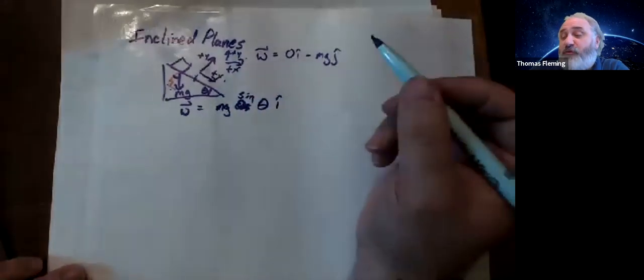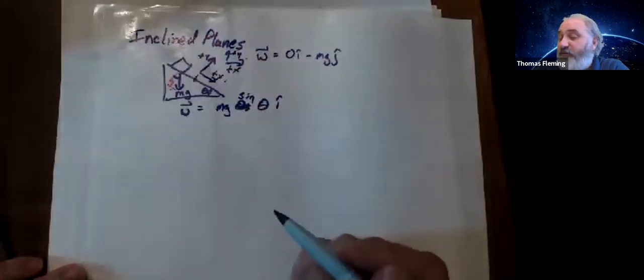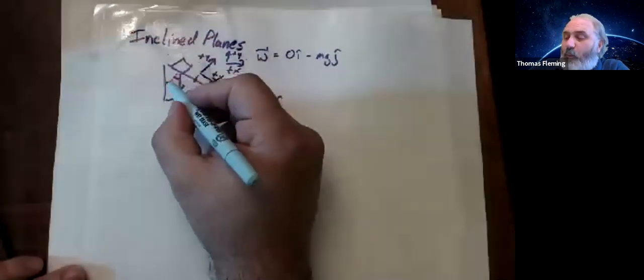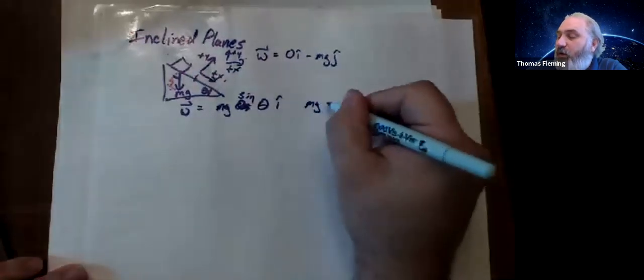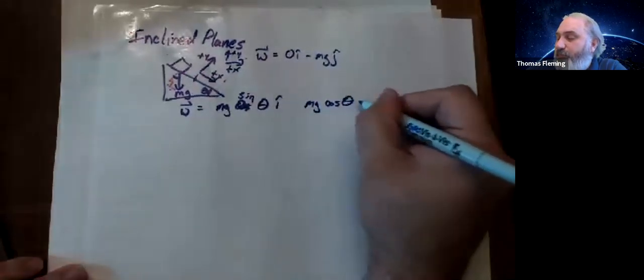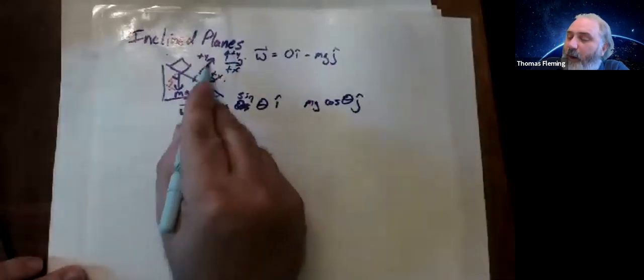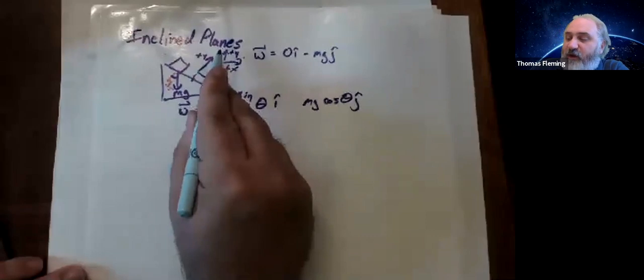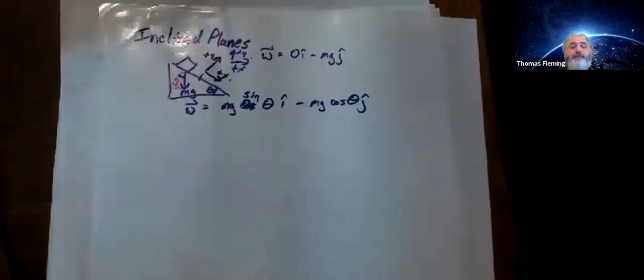There may be situations where I'd have x be positive up the ramp, and I'd just put a minus sign there in that case. And then the y component is the adjacent side. That will be mg cosine of theta. And since I chose up and away to be the positive direction, this is down and in, so I just slap a minus sign on it.